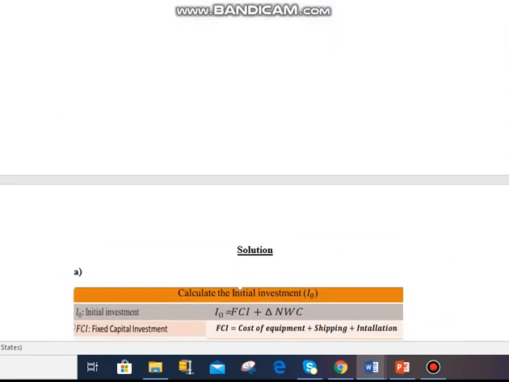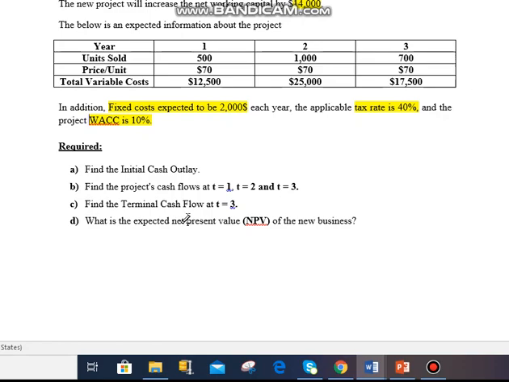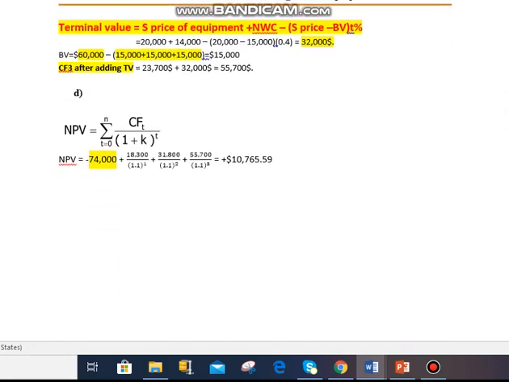The net present value, according to the formula, is the sum of the cash flows discounted at 1 plus the weighted average cost of capital to the power T. So the initial investment was 74,000. We put a minus because it is an initial investment, then plus the cash flow in year 1, plus the cash flow in year 2, plus the final cash flow at year 3 after adding the termination value.